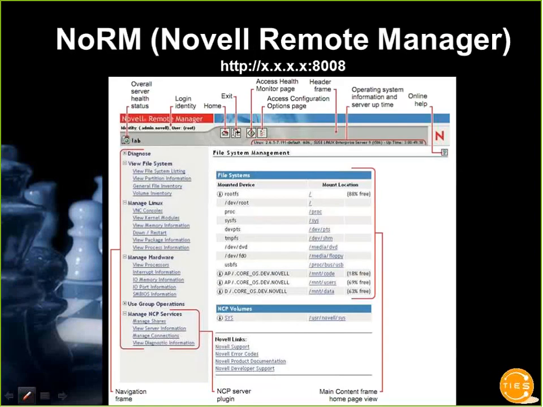For those who are into the Novell pieces, one of the things that have been available on NetWare since I believe it was version 6 or 6.5 and all the way through OS Linux is Novell Remote Manager. Here's a screenshot with some highlights giving you kind of a walk around what you're looking at.